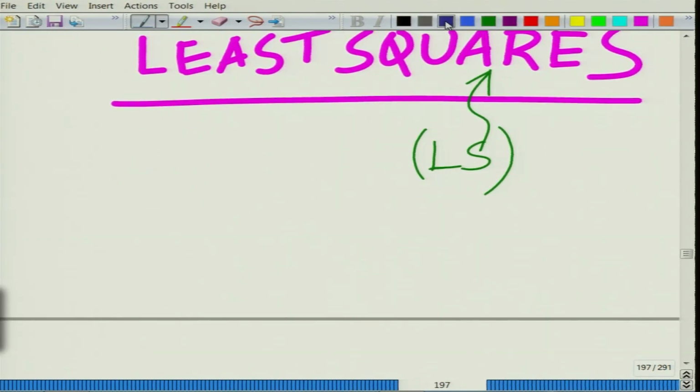Now, to understand this, consider the system of linear equations.